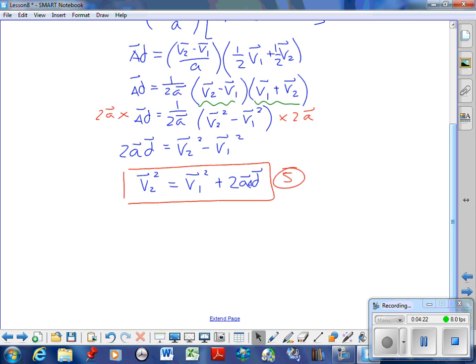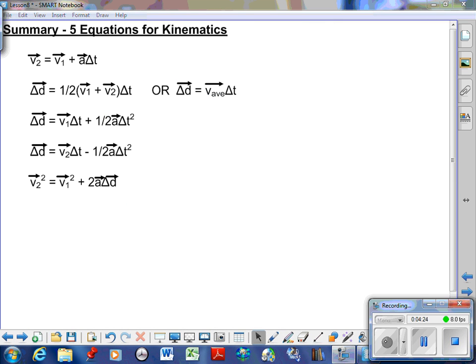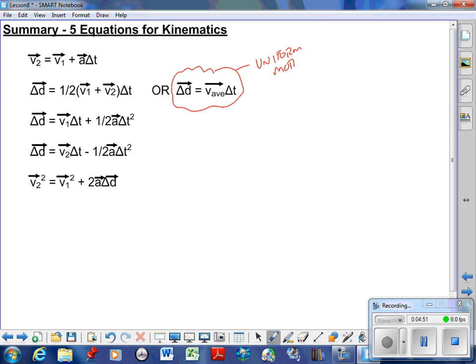All right, so there are the 5 formulas, and you have a summary sheet right here of the 5 formulas. Please be accurate here. This formula right here is for uniform motion, when there's no acceleration, that is when acceleration is equal to 0 meters per second squared.